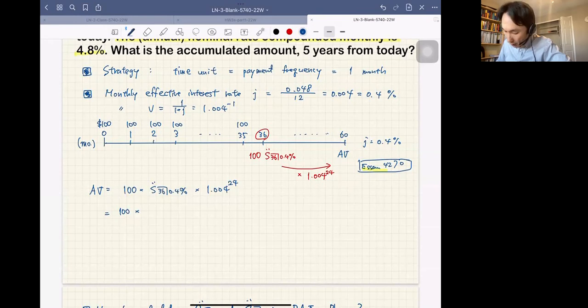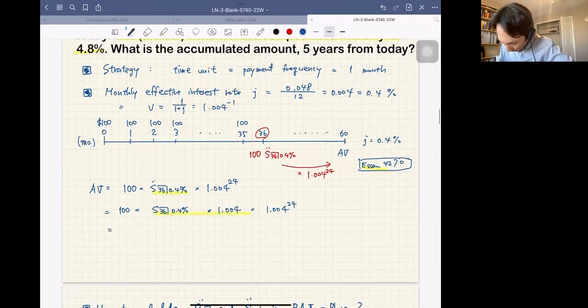Usually I only memorize the S and A, not double dot. So we can say that the S double dot is 1.004 times the S angle 36. I usually avoid using the d. So this is equal to this amount.